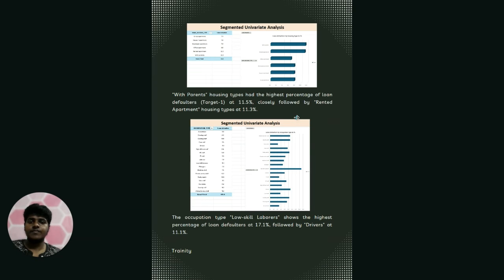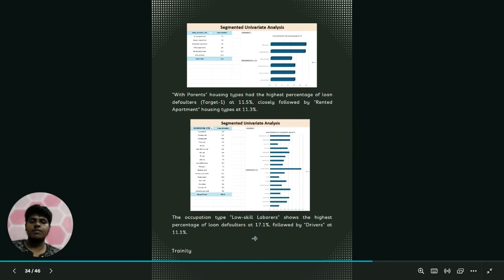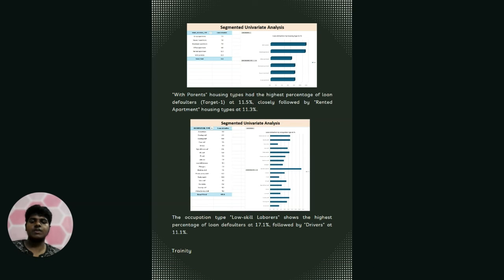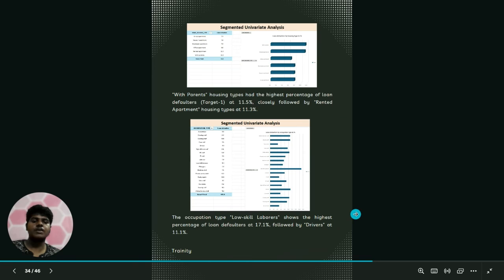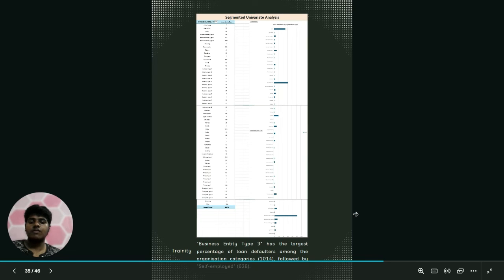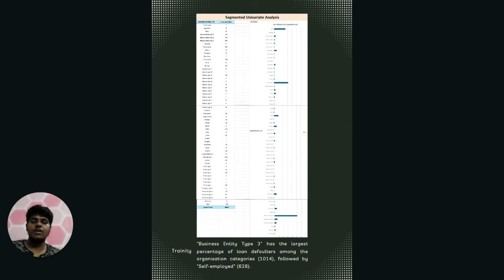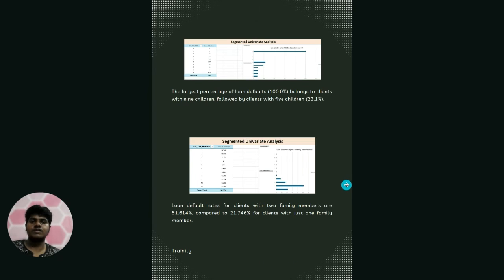When it comes to the housing type, living with parents has the highest number of loan defaulters, followed by rented apartment. When it comes to the occupation type, low skilled laborers have the highest number of loan defaulters, followed by the drivers. When it comes to the organization type, business entity type 3 has the largest number of loan defaulters, followed by self-employed.